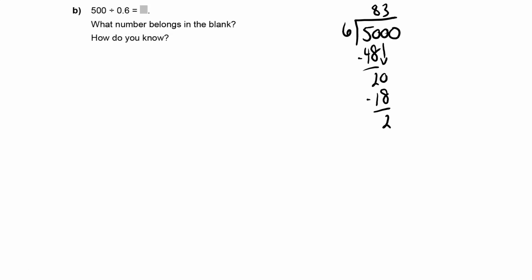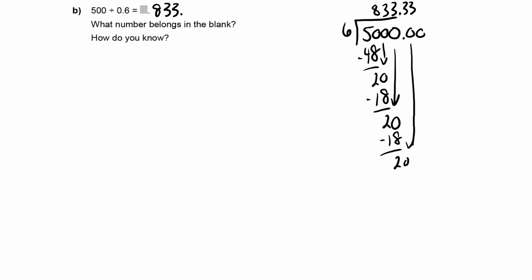Subtracting, 2 remainder, bring down the 0 again. 6 into 20, another 3. 3 times 6, 18. Subtracting, of course, and now put in a decimal, more zeros, and we're going to keep going with repeating 333 again. Therefore, 500 divided by 0.6 is 833.33 repeating, or 833 1/3.